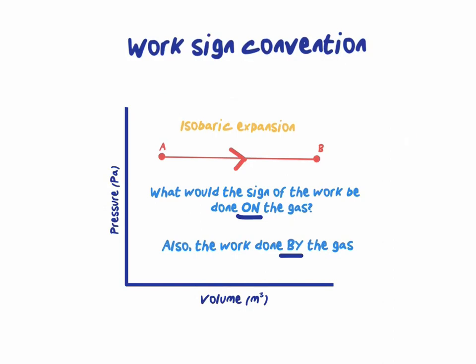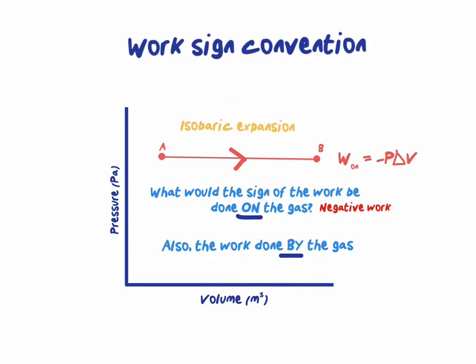Hopefully you're able to see that according to the rules we made before that still hold true, if I have an expansion on the gas, then that would be a negative value. So we oftentimes would write for the isobaric process, work is equal to negative P delta V. This is implying that this is work done on the gas.